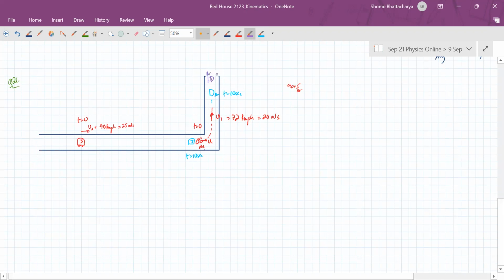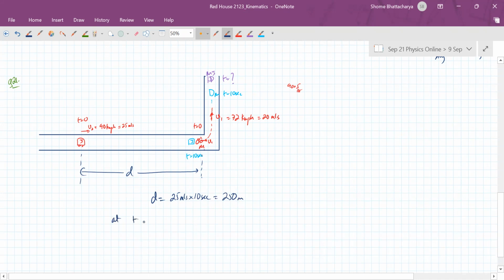So the motorbike and the jeep are both at the same position at some time t, which we have to calculate. So the jeep reaches here in this much time. That means this initial distance between them is equal to how much? It is 25 meters per second into 10 seconds. So it is 250 meters.